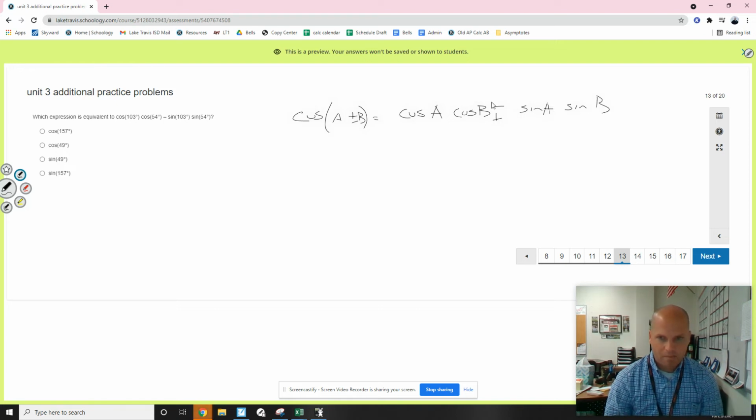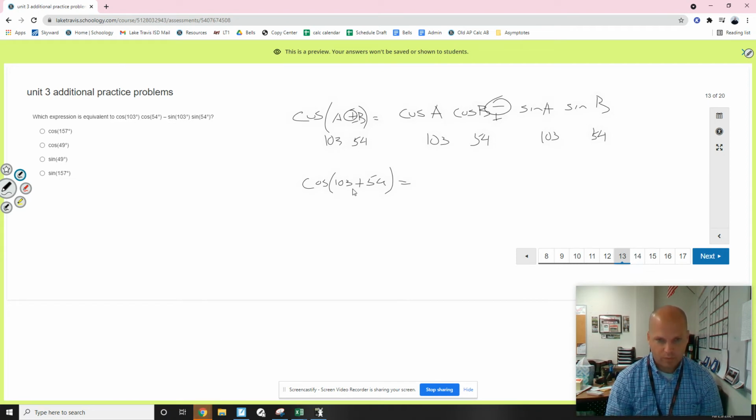It looks like I have a minus here, and I have 103 and 54 here. Since I have a minus here, I have a plus here. So I can rewrite this as cosine of 103 plus 54, and that will give me this expression here.